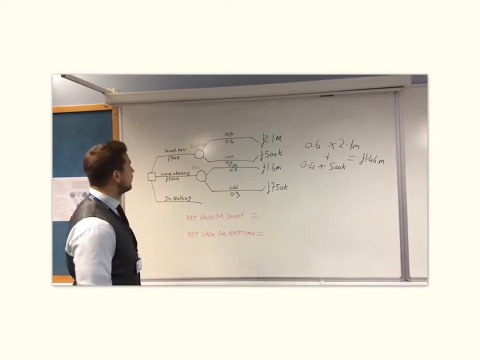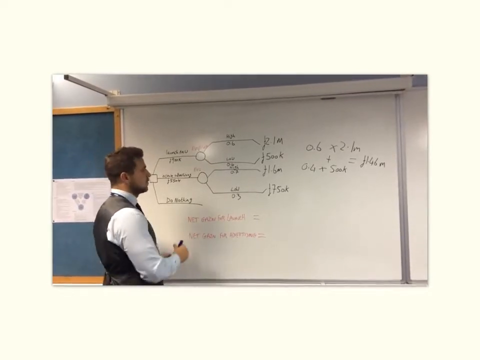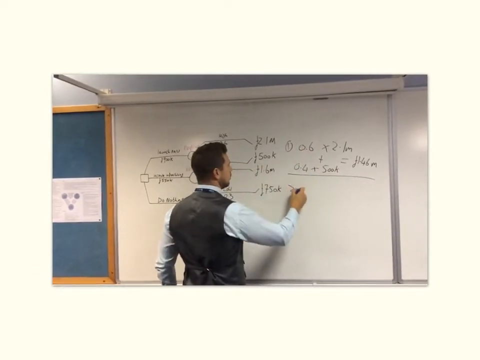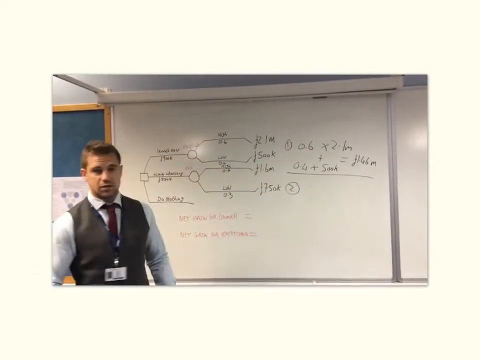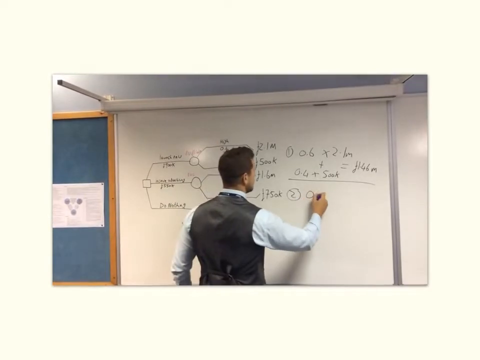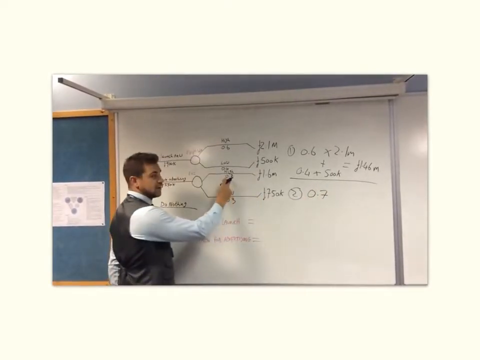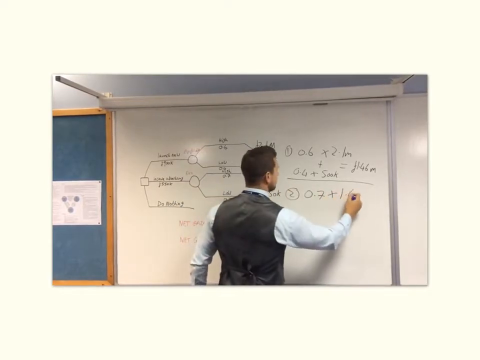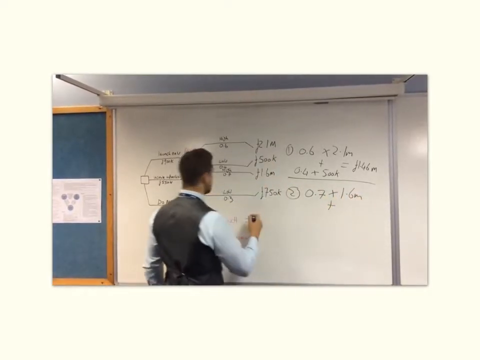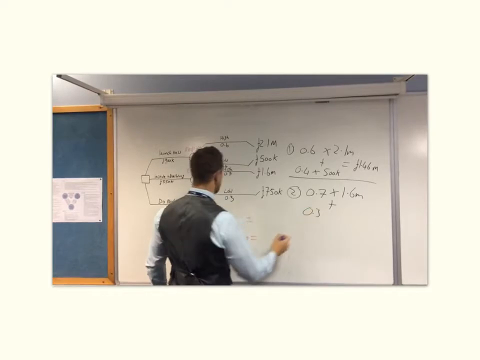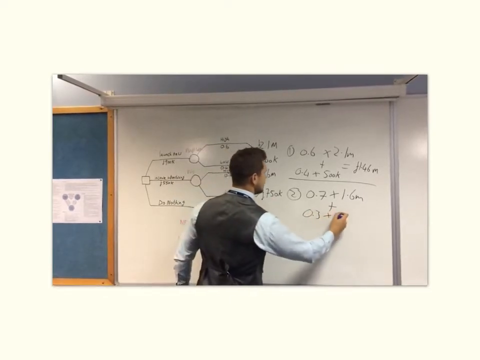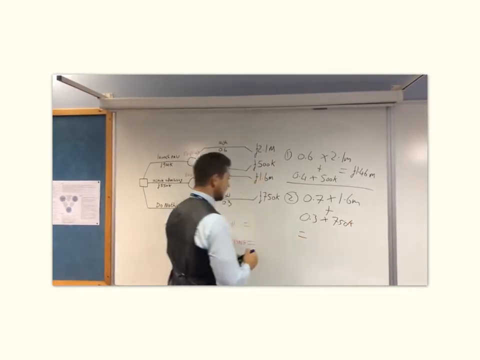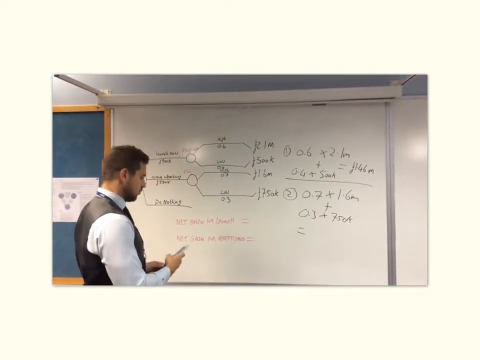Now we'll do the same for the second option, which is the increased advertising. So it's going to be 0.7, which is this figure here, multiplied by 1.6 million plus 0.3 times 750,000. That should give us the expected value for the second option.